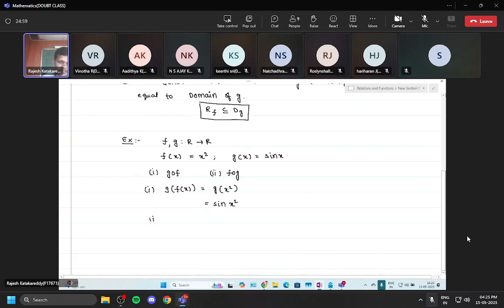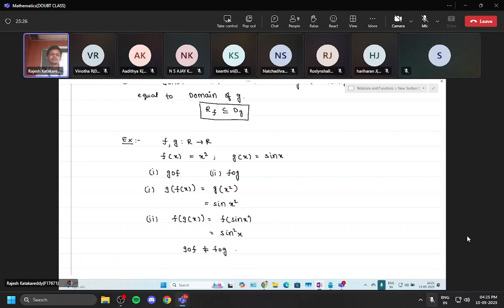Now the second thing, f of g of x, so this becomes f of sin x. f of sin x will be sin x whole square, that is sin square of x. I can clearly see that g composition f is not equal to f composition g. In general, composition is not commutative.